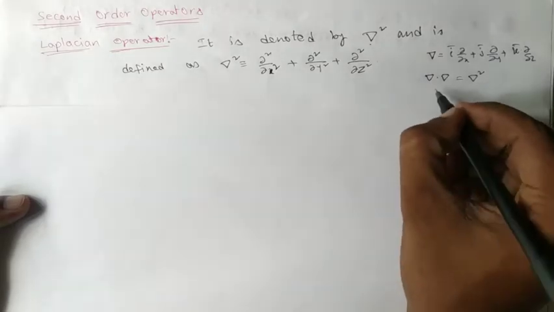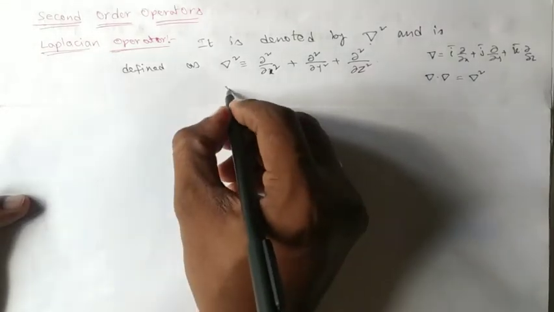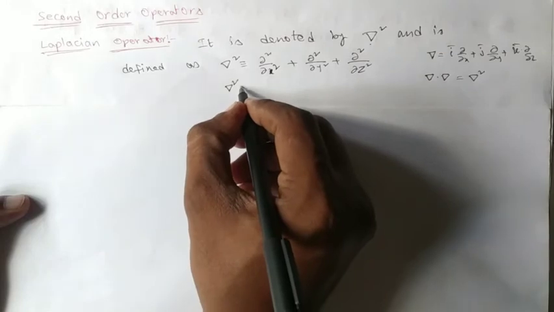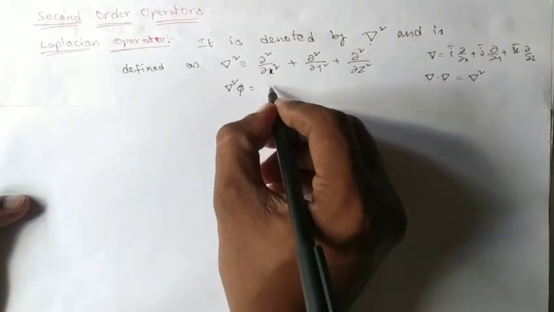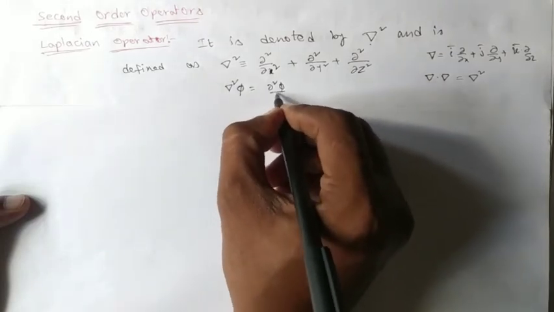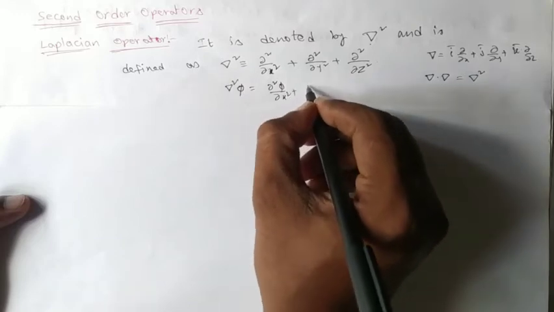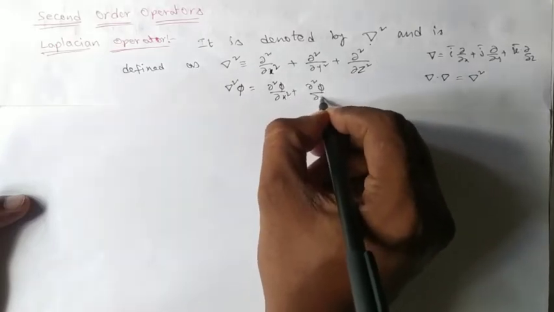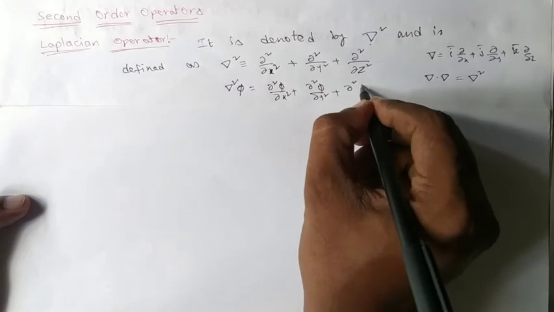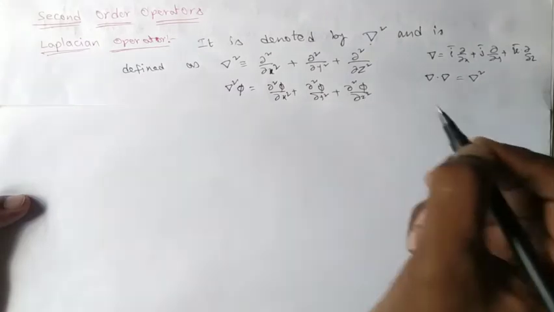That means, suppose you want to write del square of some scalar function phi, it is equal to dou square phi by dou x square plus dou square phi by dou y square plus dou square phi by dou z square.